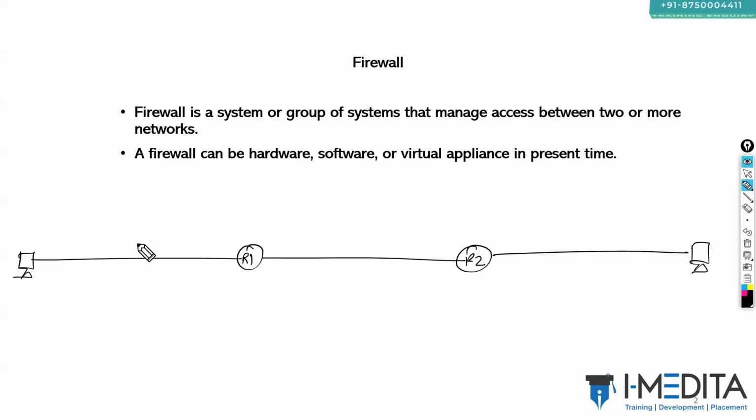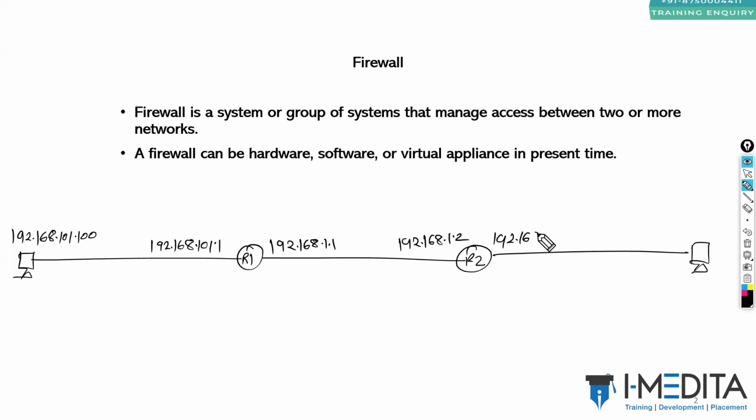For easy understanding, we can give IP addressing like 192.168.101.100, 192.168.101.1, 192.168.1.1, 192.168.1.2, 192.168.102.1, and 192.168.102.100. In this way, we have a topology.